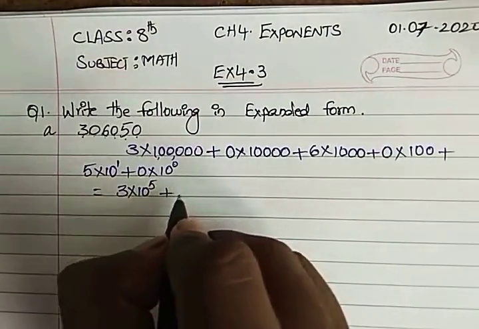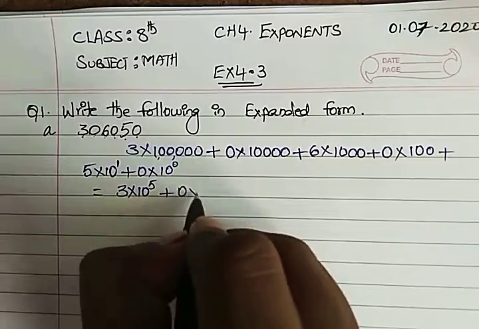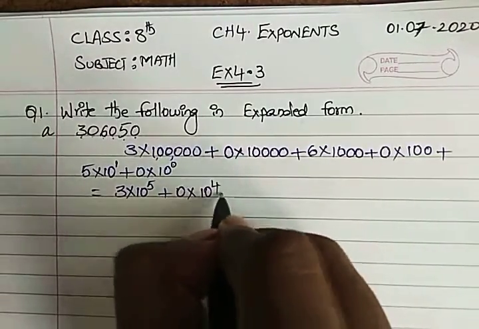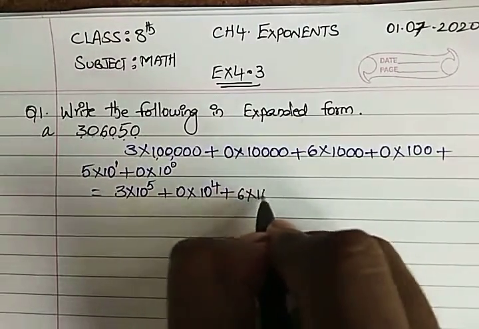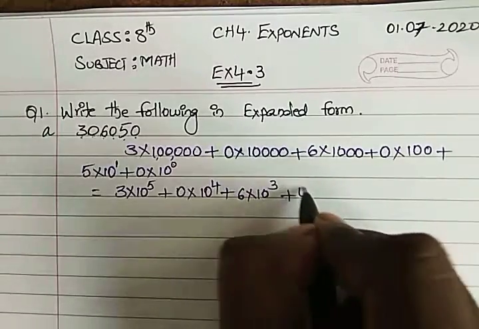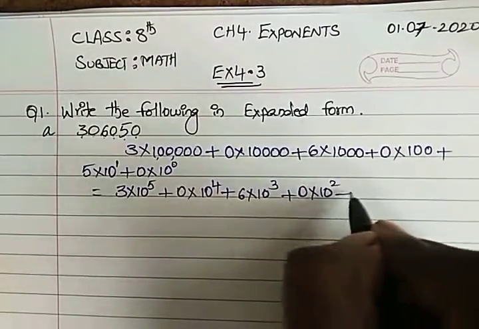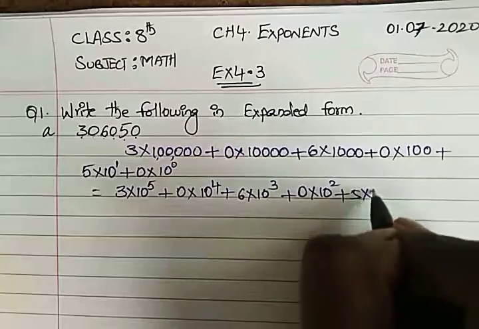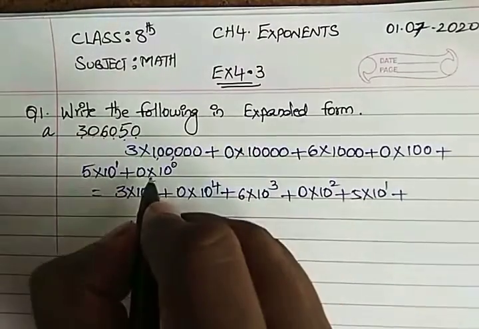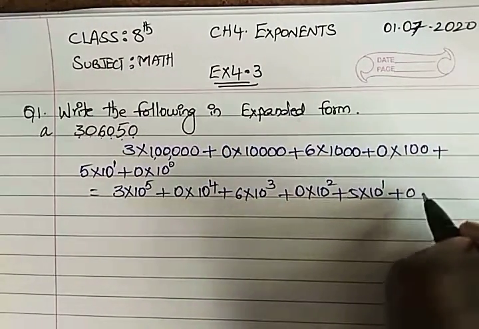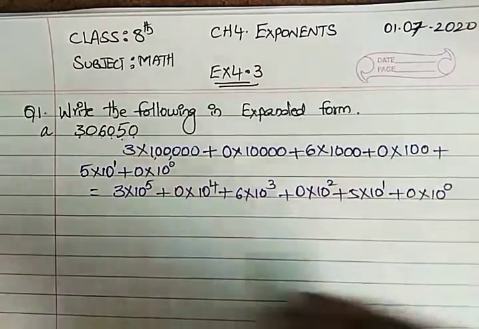Plus now 0 into 10 power 4, plus 6 into 10 power 3, plus 0 into 10 power 2, plus 5 into 10 power 1, plus 0 into 10 power 0.